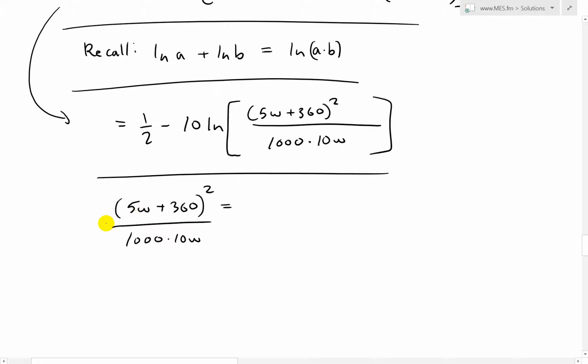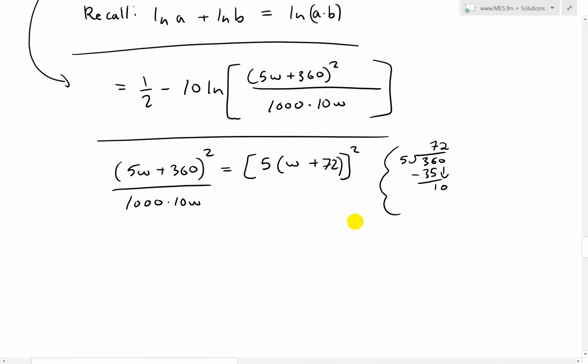So the 5, we could factor it out by writing 5 times 5W plus, and then this one is 360 divided by 5. That is, well, 5 goes into 36 seven times. Subtract, we have a 1. Bring this down, 0. 5 goes in here twice. So we have this 72, and then this is bracket squared.